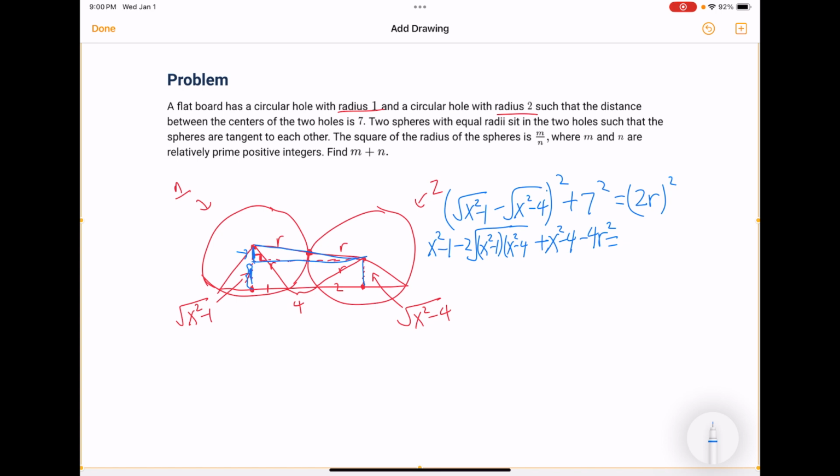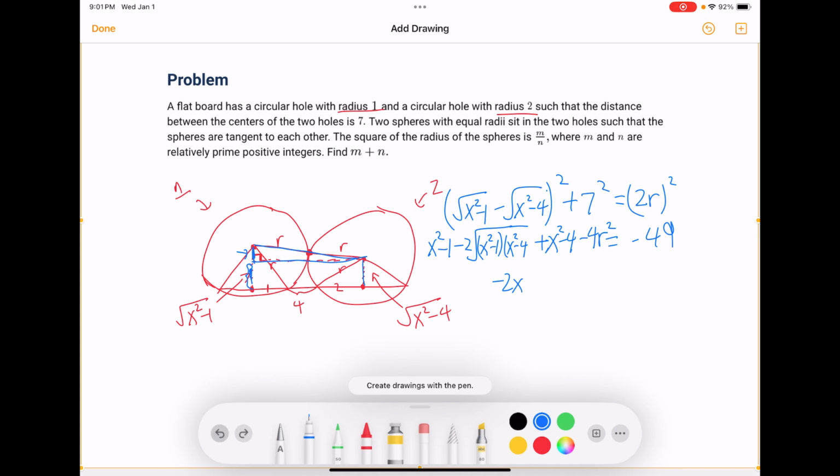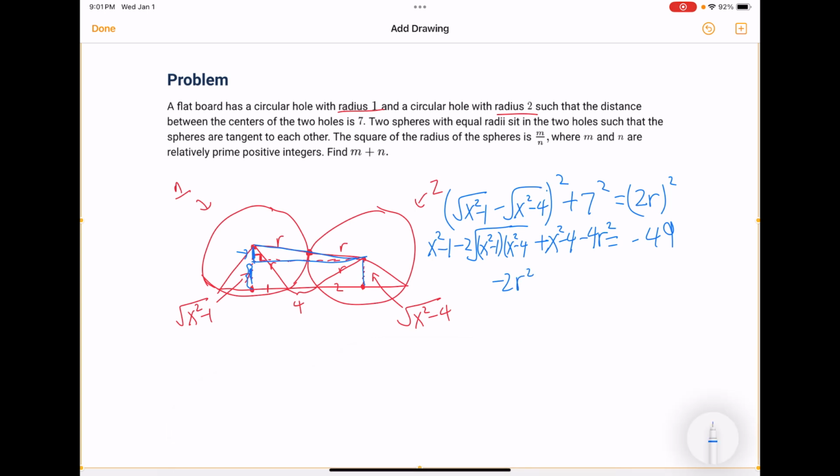Then I'm going to move the 49 over to get negative 49, and combine like terms to get negative 2r squared. Basically, in this equation, all the x's are technically just r. Because x is more commonly used, I just used x, but just remember that x and r are the same thing.